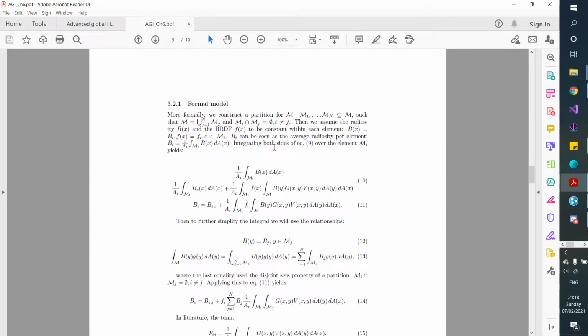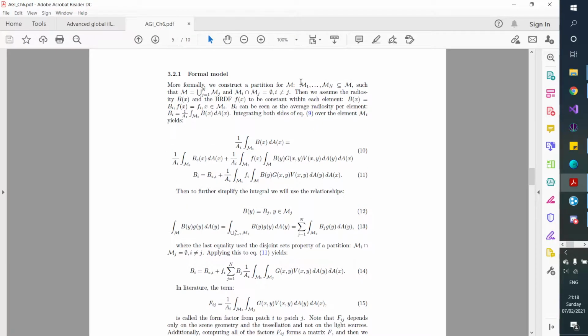Let's look at how this looks formally. Formally, you have your scene, so the points of your scene M, you tessellate your scene into n patches, such that the patches, when you take the union, you get the full scene, and they are disjoint. So if you have two triangles, they never overlap.